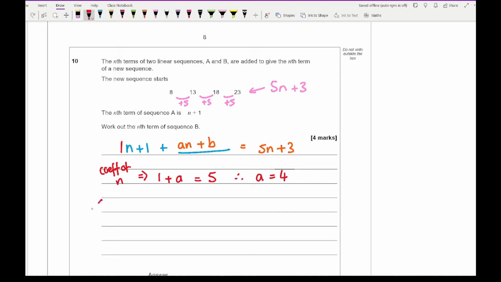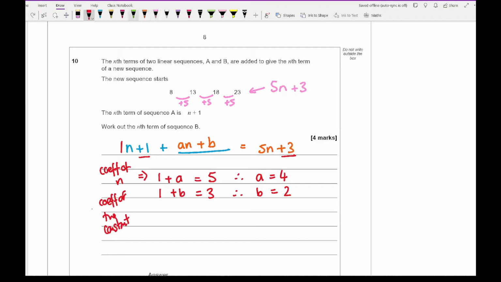Then if I look at the constant, I've got plus 1 plus b on the left hand side, and I've got plus 3 on the second side. So here what I then get is b must equal 2.